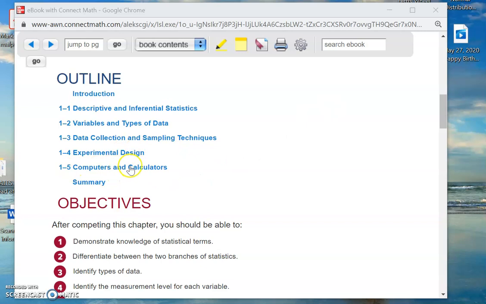Now, in this first chapter, you see this section 1.5, computers and calculators. I don't do anything from the book about computers and calculators. My reasoning is that at this stage of your education, you need to do everything by hand so that you really understand what's going on. In addition, in my experience, these books that use the various computers and calculators sections are really just advertisements for a particular calculator, and it's just not worth it.